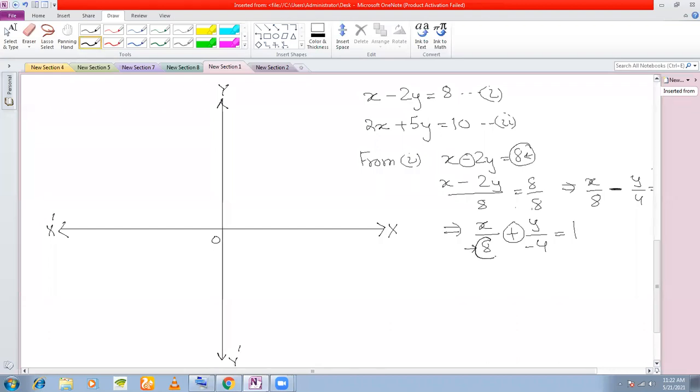This 8 here, plus 8 here, means the x-intercept is 8. That means you take 8 units here. That means this point is your (8, 0). Understood?